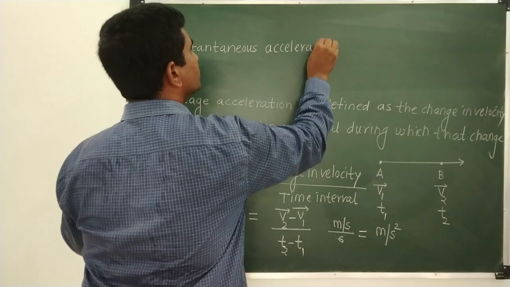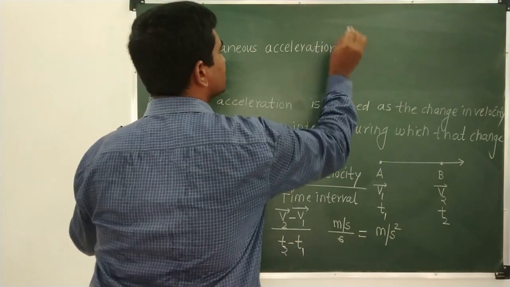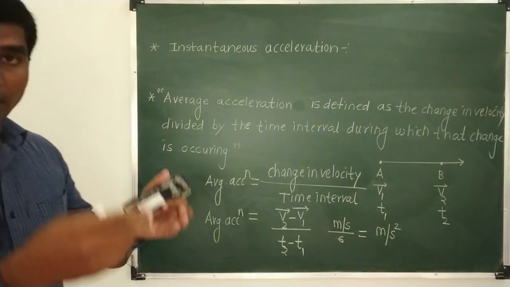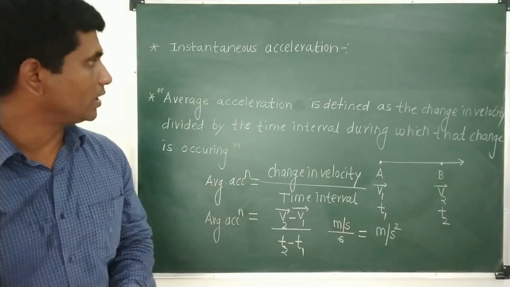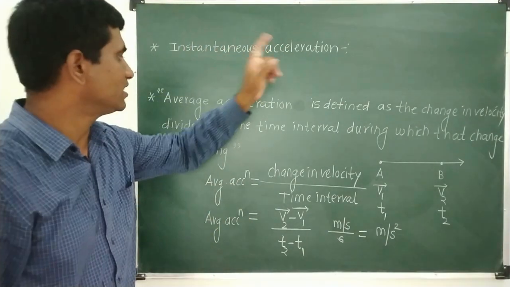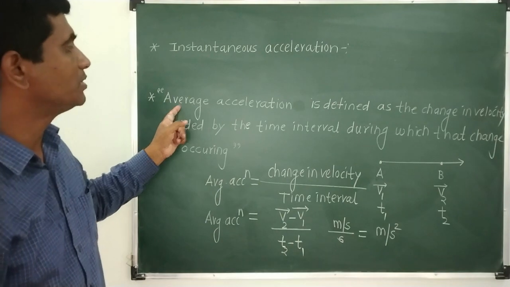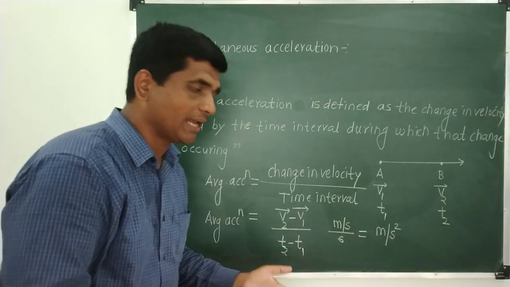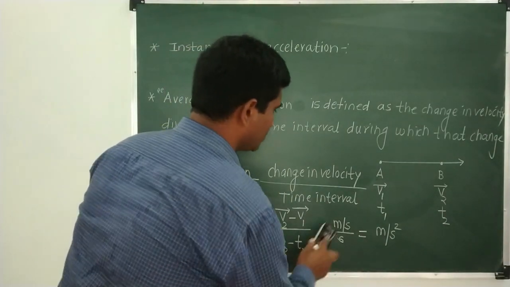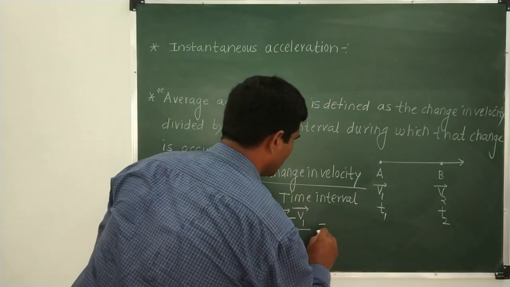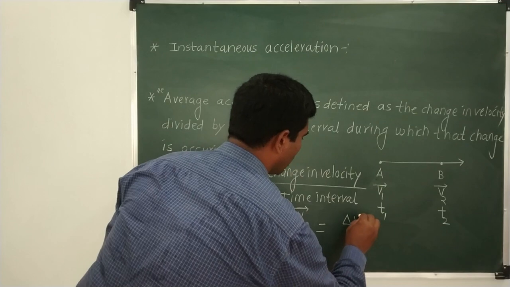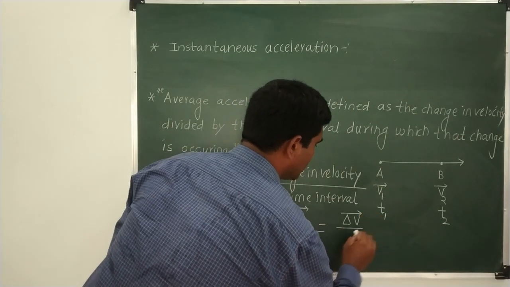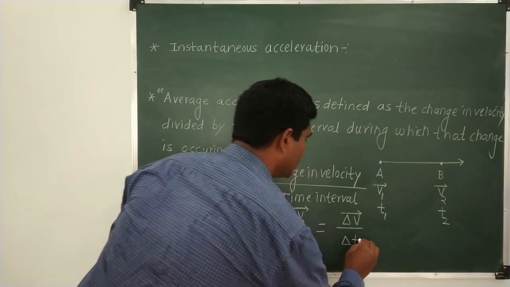The last quantity which is of importance is instantaneous acceleration. Likewise the instantaneous velocity, instantaneous acceleration is the limiting value of the average acceleration. By considering this time interval, this is delta v bar, and this is delta t.